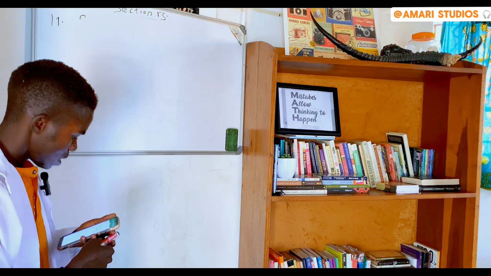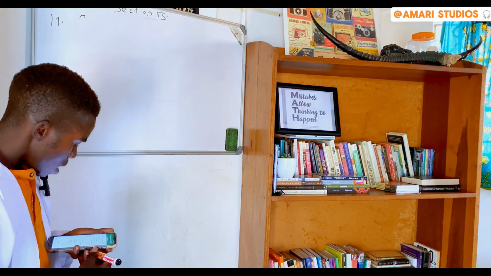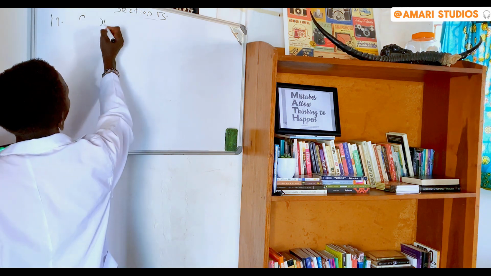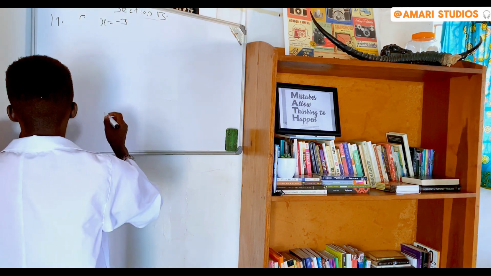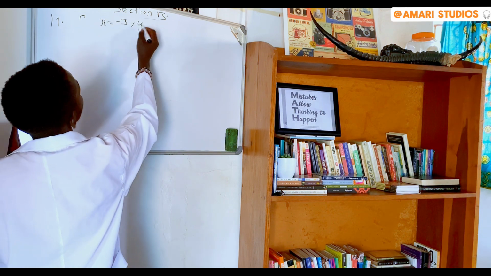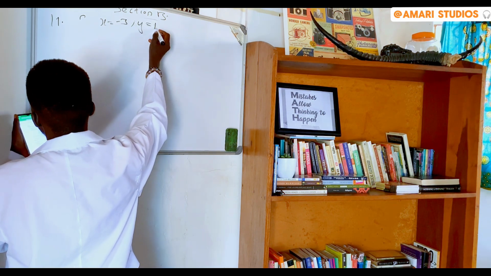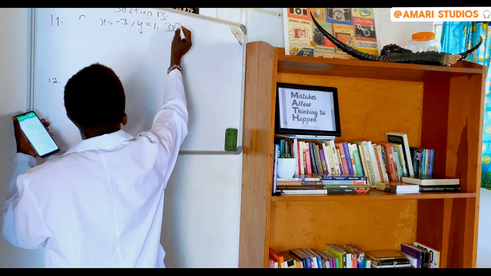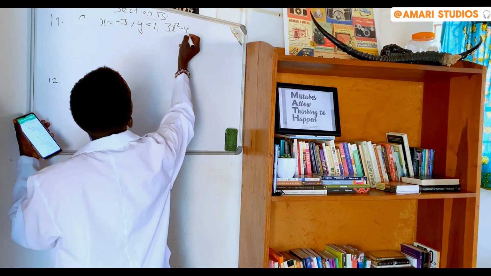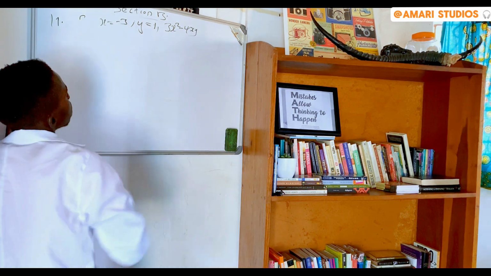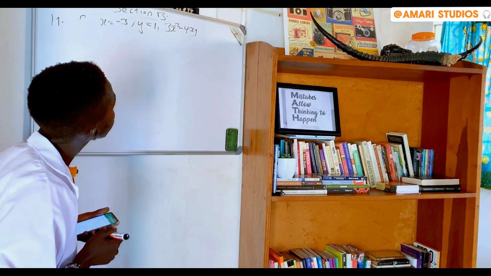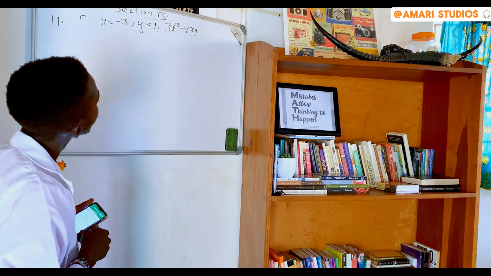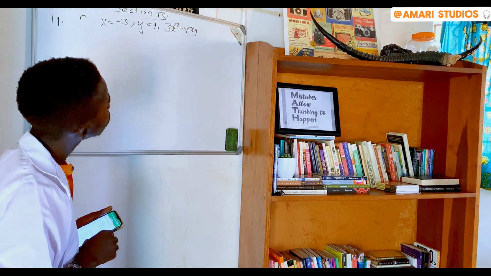So now, the question is saying, given that x is equal to -3 and y is equal to 1, find the value of 3x squared minus 4xy.